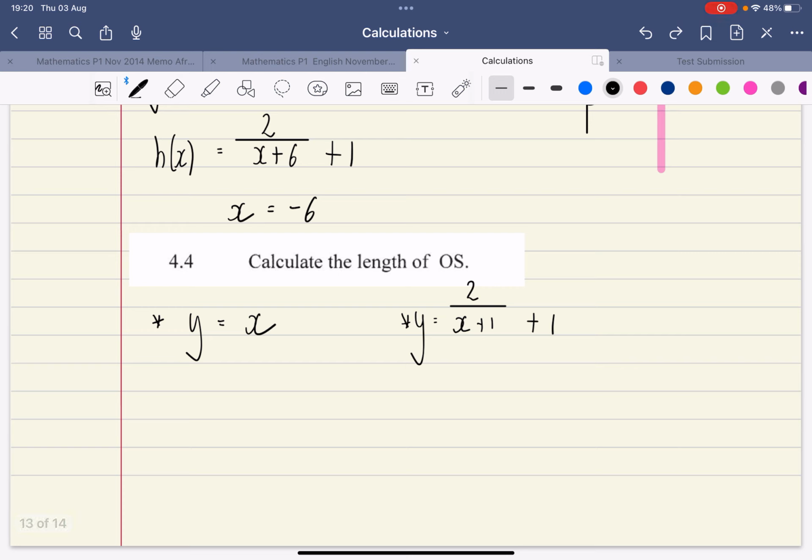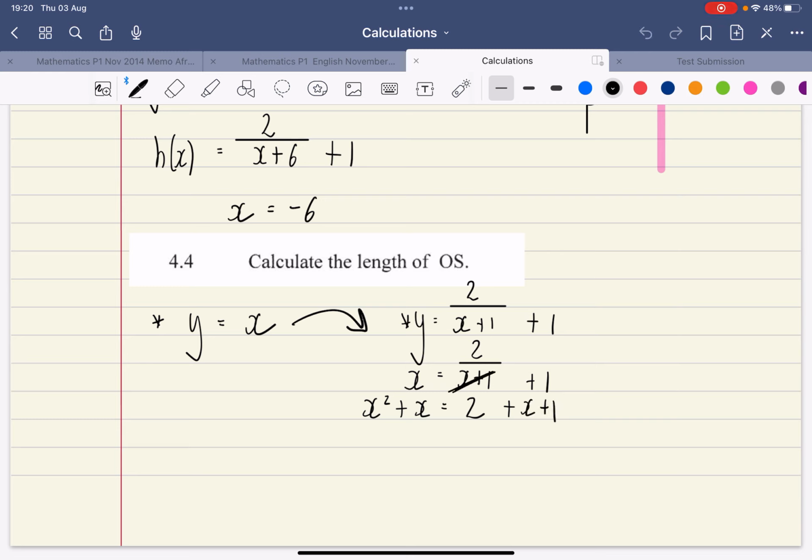If y equals x, substituting in, x equals 2 over x plus 1, plus 1. Getting rid of the denominator, x squared plus x equals 2 plus x plus 1.